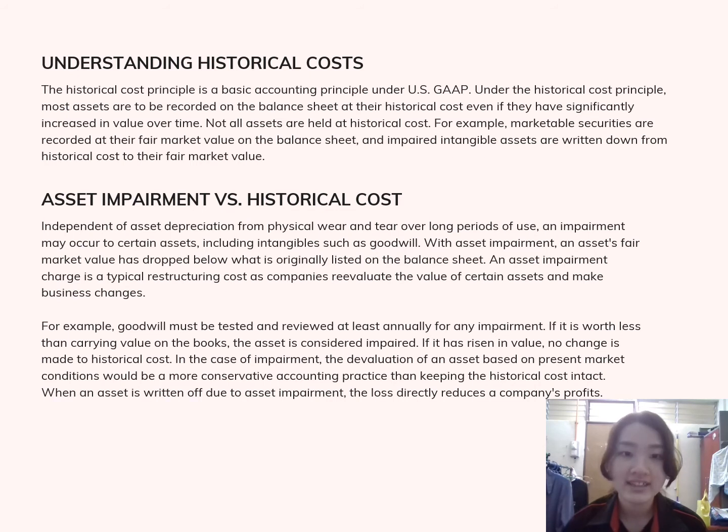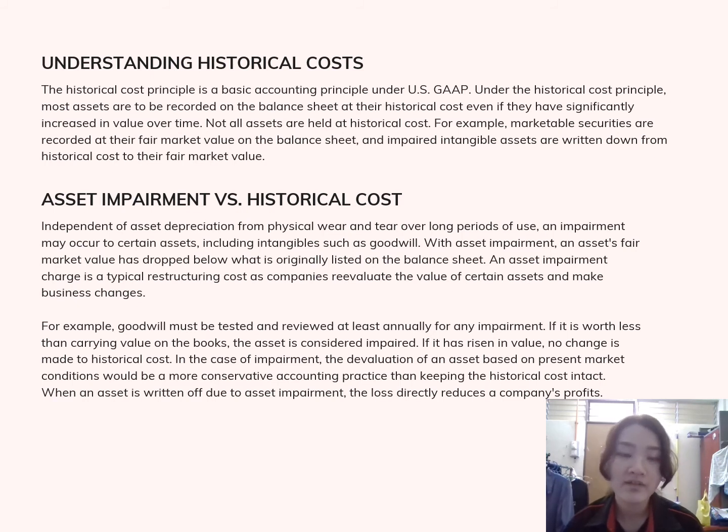Not all assets are held at historical cost. For example, marketable securities are recorded at their fair market value on the balance sheet, and impaired intangible assets are written down from historical cost to their fair market value.